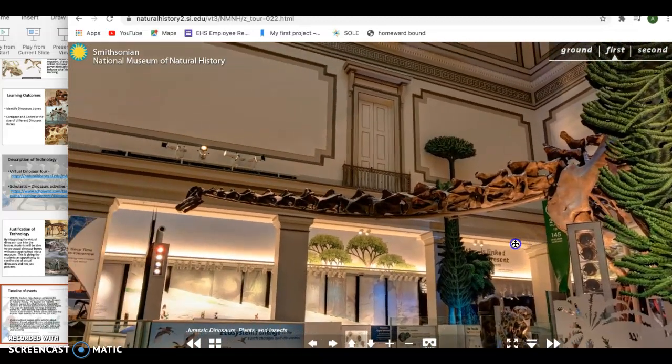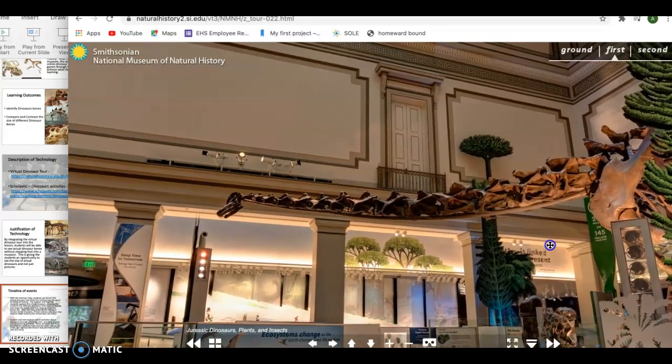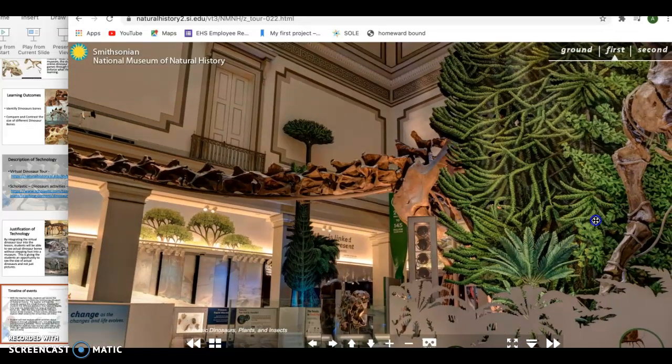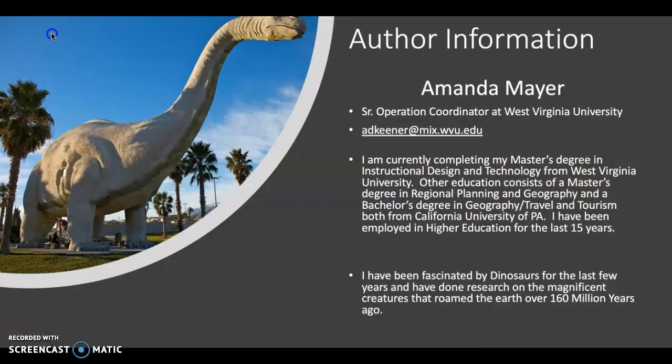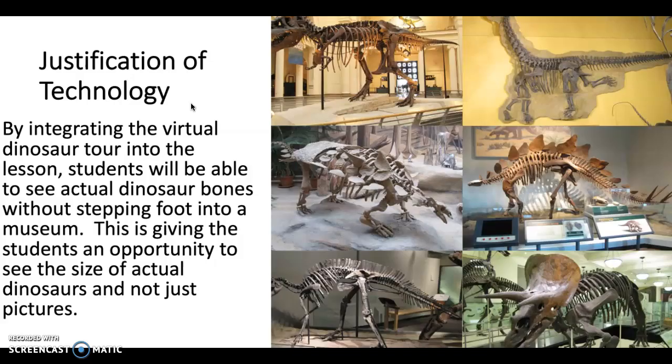It's very fascinating to see how big these creatures really were that roamed the earth so many years ago.